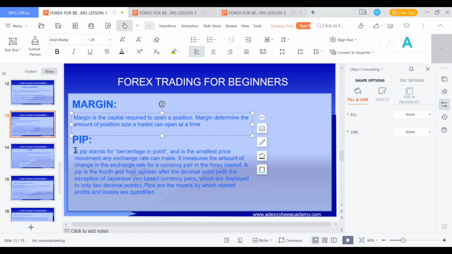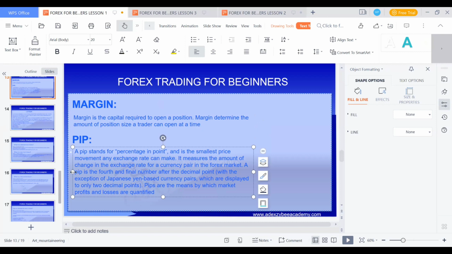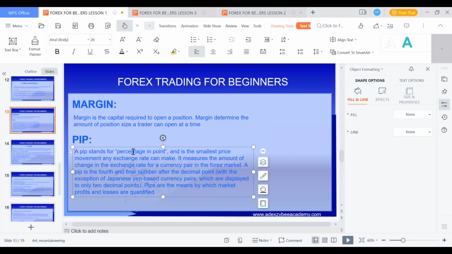Now the next one is PIP. What is a PIP? PIP stands for percentage in points, and is the smallest price movement any exchange rate can make. It measures the amount of change in exchange rate for a currency pair in the forex market.